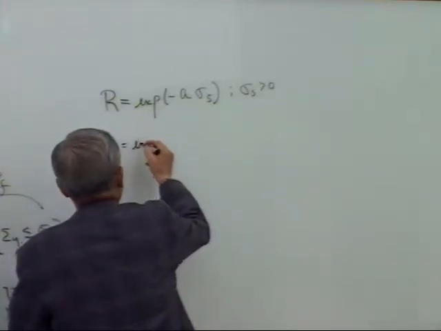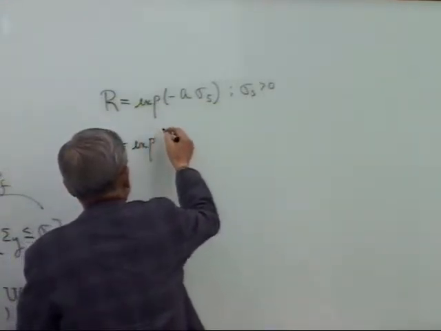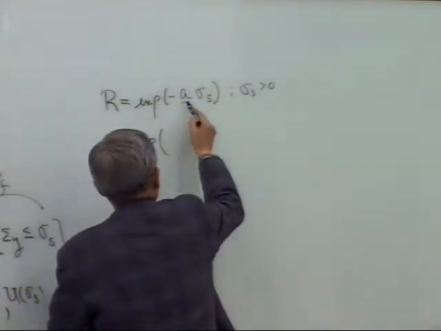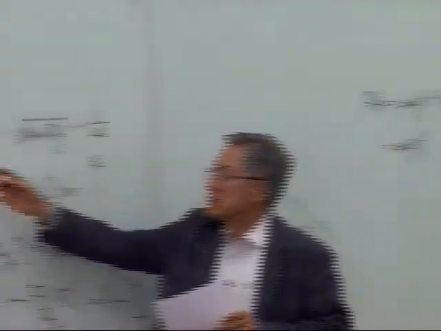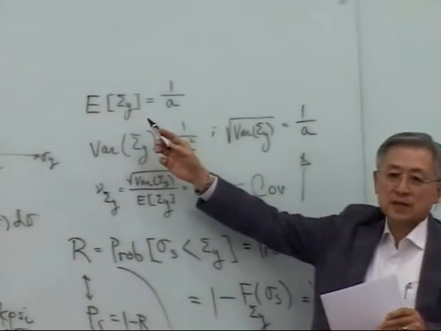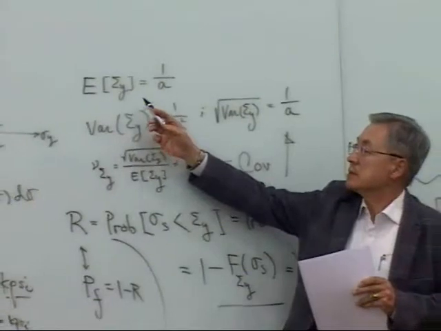Or you can write this as exp of minus a sigma s. We know this relationship: a is 1 over the mean of sigma y.